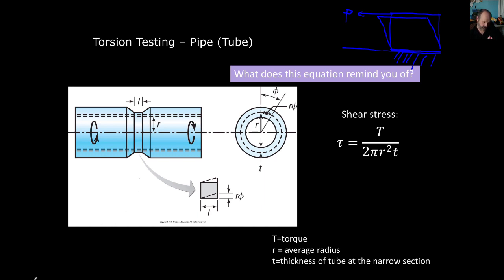And if I pull on it hard enough, it's going to kind of look like this when you're done. So let me change the color of that. You're going to end up with something that looks like this in the end when you pull on it, and you've distorted it by this angle. So you have an angle change from orthogonal.